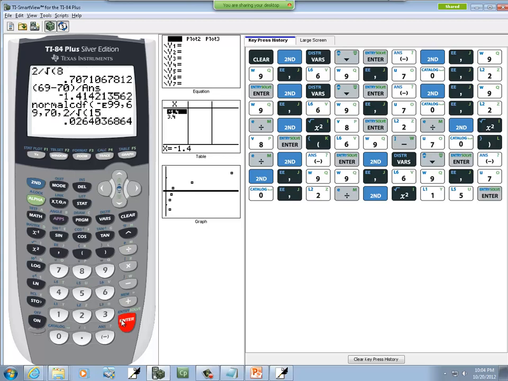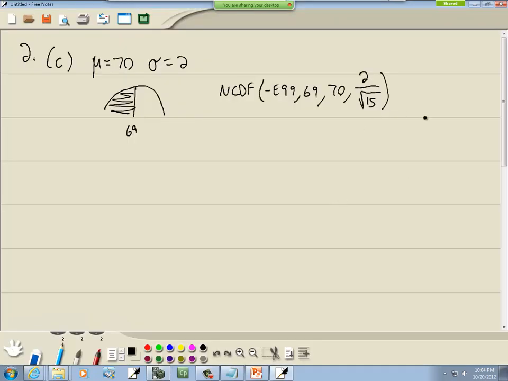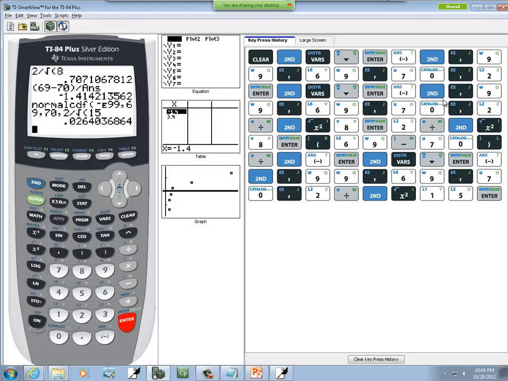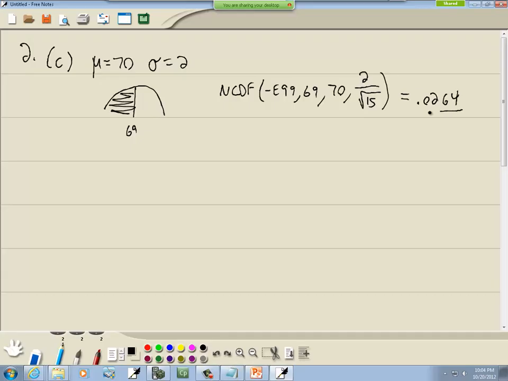Enter. And we get 0.0264. That's via the calculator.